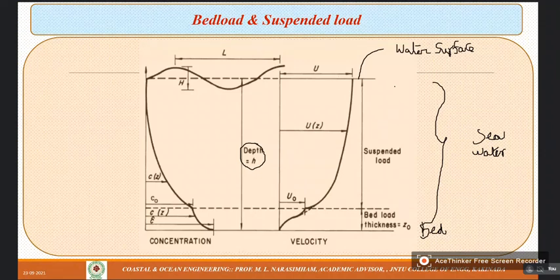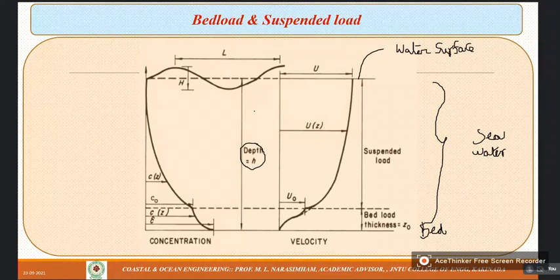Now the velocity of the current, this is how it varies. It will be 0 at the bottom and it will have a certain velocity distribution in this way. So the velocity increases with height.